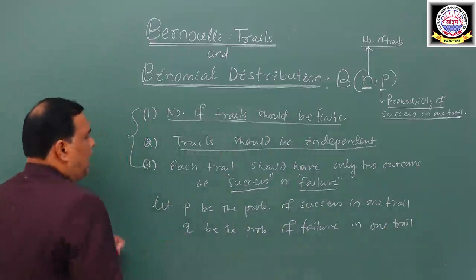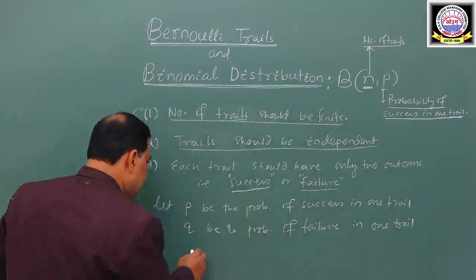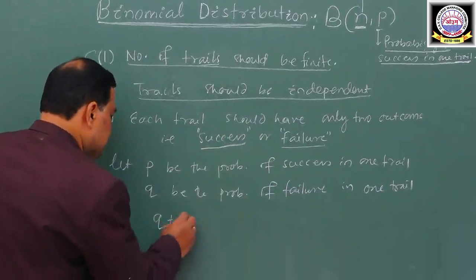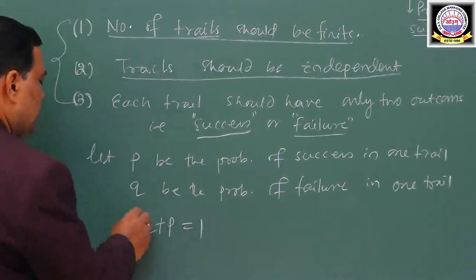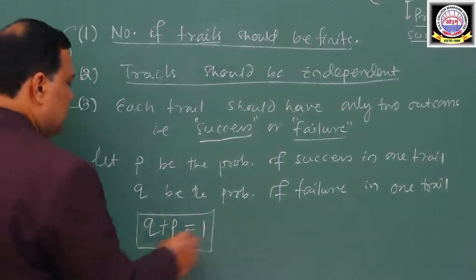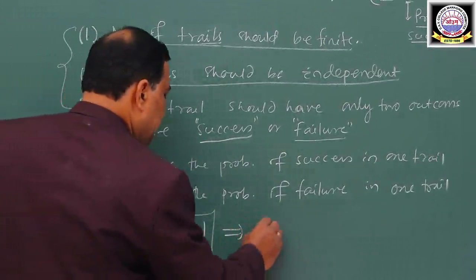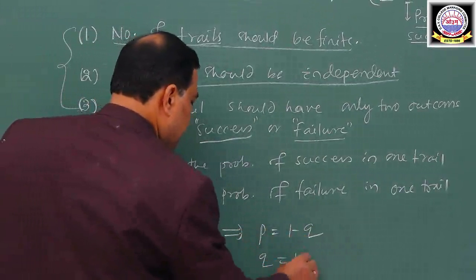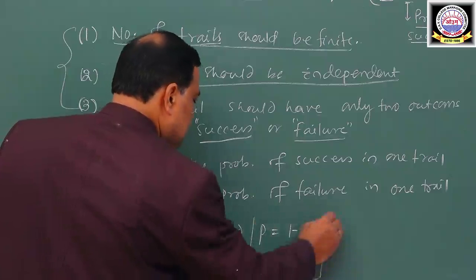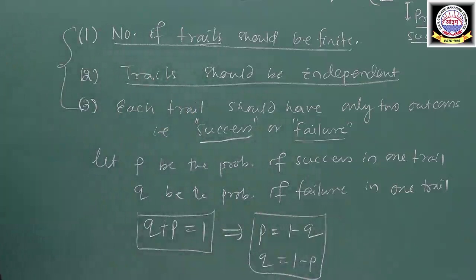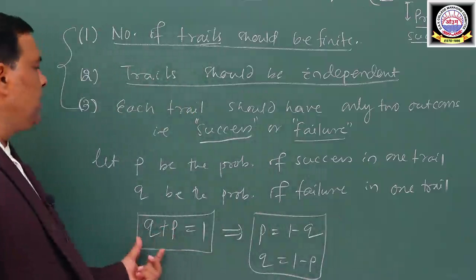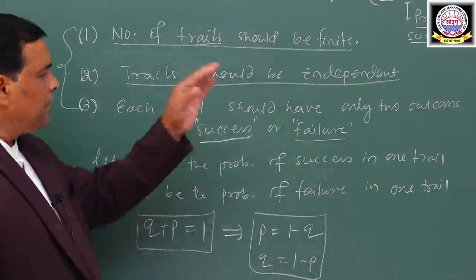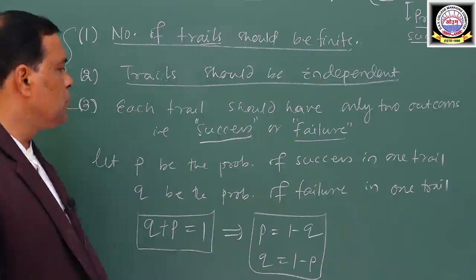Then as two outcomes are there, definitely q plus p is equal to 1. That implies if p is known, I can find q. If q is known, I can find p. The sum of the probabilities p and q in one trial is always equal to 1.